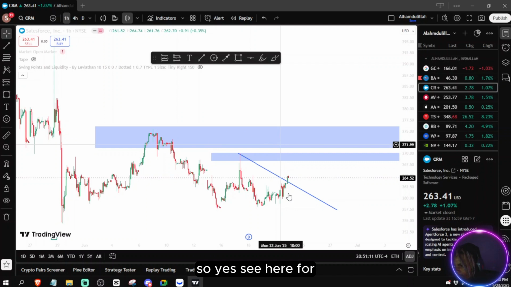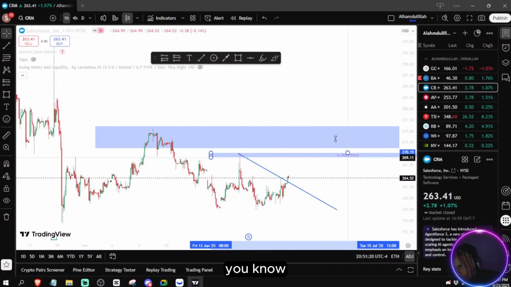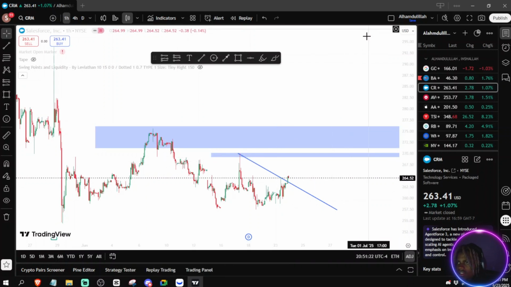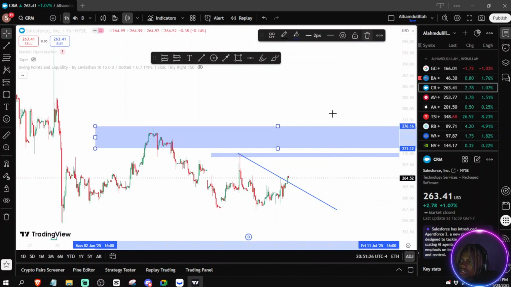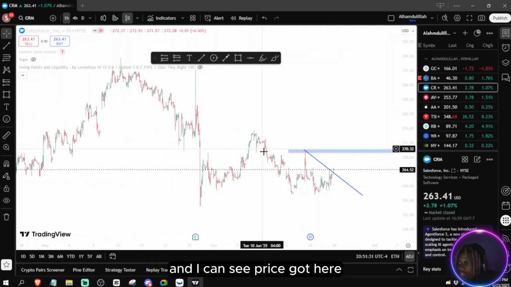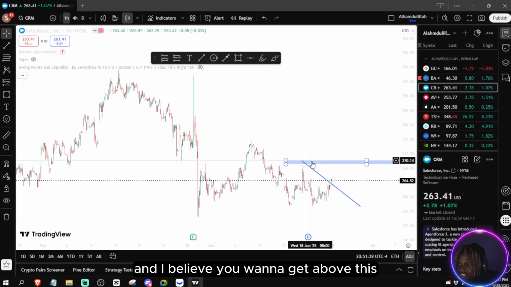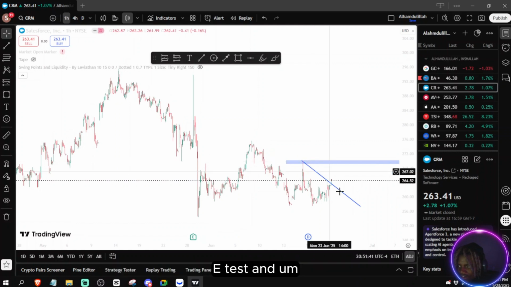So yeah, see here for CRM, boom, just got to be getting in the trend line breakout and then waiting for this gap fill right here. Yep, and I can see price got here because of the support right here. And then we shorted. I believe we want to get above this. So we have to meet this in order for us to break and retest.